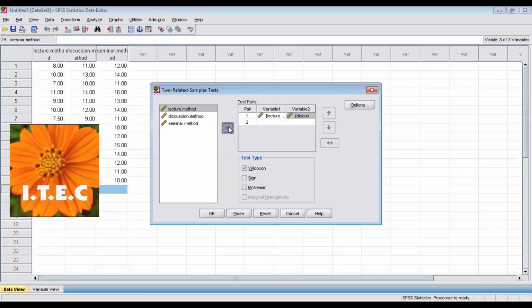Let's say I compare lecture method and the seminar method, then discussion method and the seminar method. Now these are the three combinations which you can have. And you can have Wilcoxon matched pair rank test. And you say, here is a result.